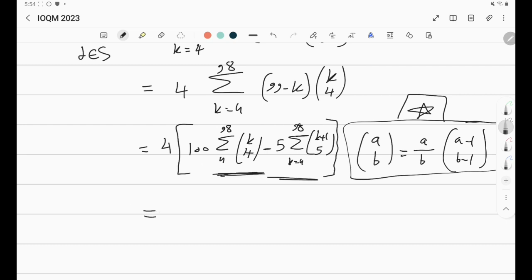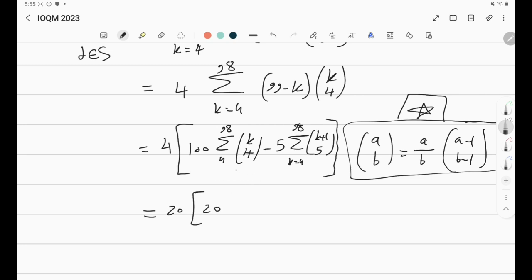How do we calculate these? Of course, we're going to use the so-called hockey stick identity. This is very important to keep in mind. It's always going to help you evaluate sums of combinations like that, when the base below is fixed and the number on top is moving consecutively. So if we use the hockey stick identity, we take the 5 outside, so this is going to be 20, and this is going to be 20 as well.